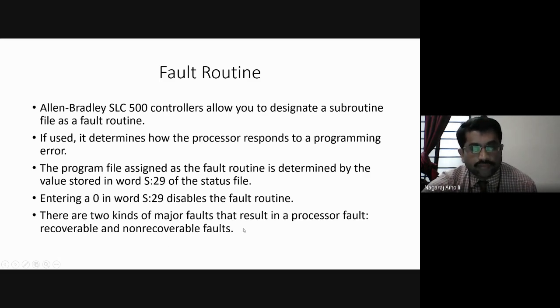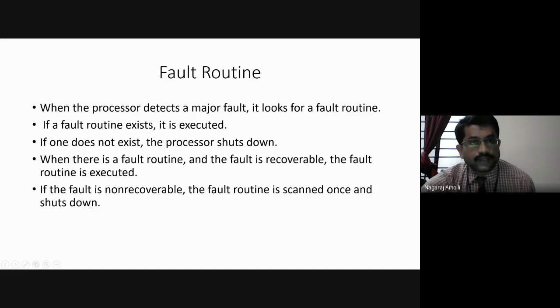There are two kinds of faults that result in a processor fault: the recoverable fault and the non-recoverable fault. When the processor detects a major fault, it looks for a fault routine. If a fault routine exists, it is executed. If one does not exist, the processor shuts down.